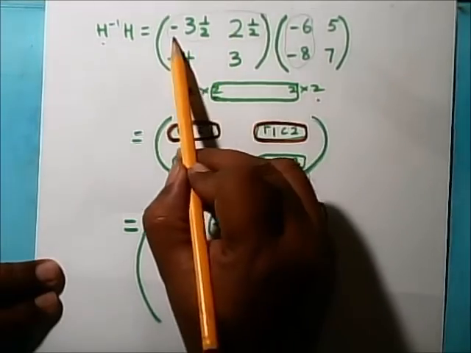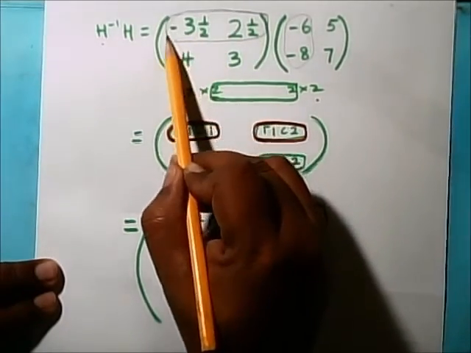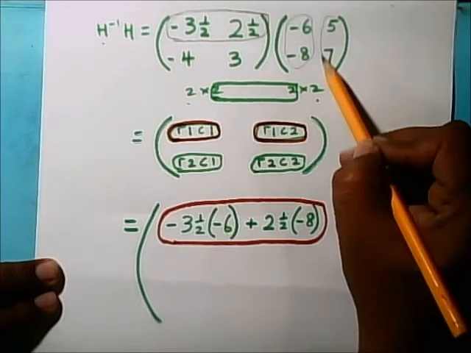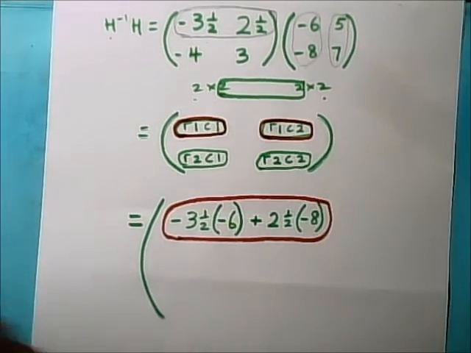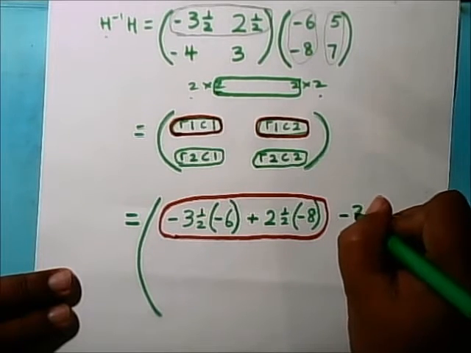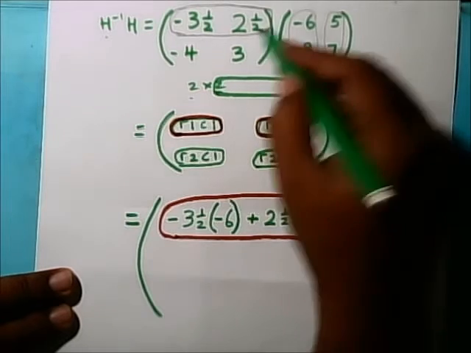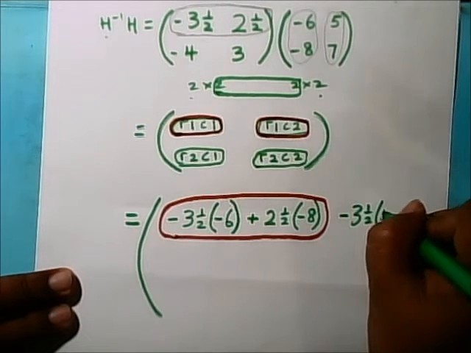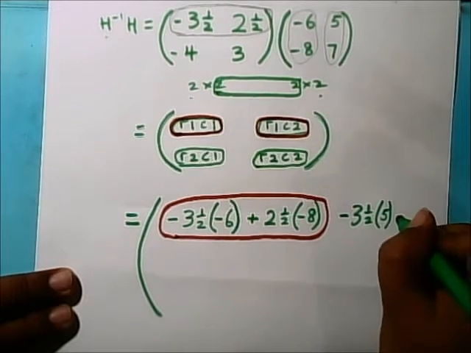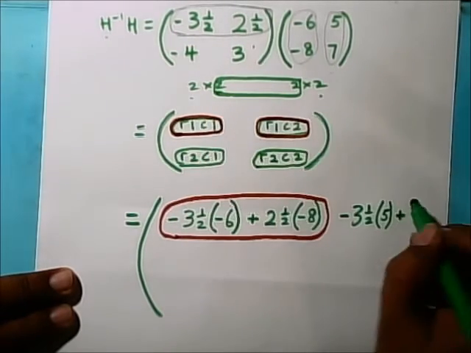Row 1 is this, and we're multiplying it to column 2, which is the 5 and the 7. So we have minus 3.5 multiplied to 5, added to 2.5 times 7.